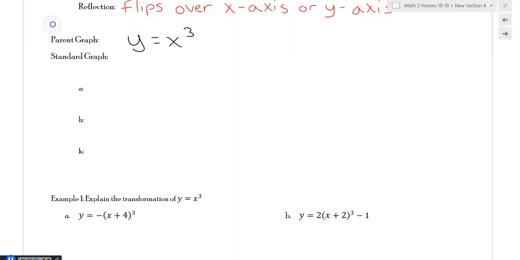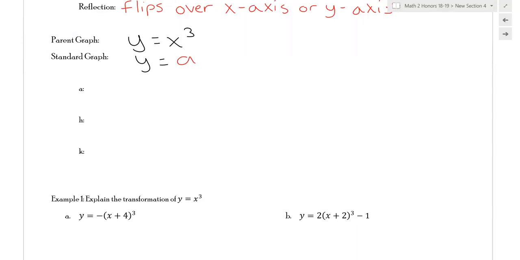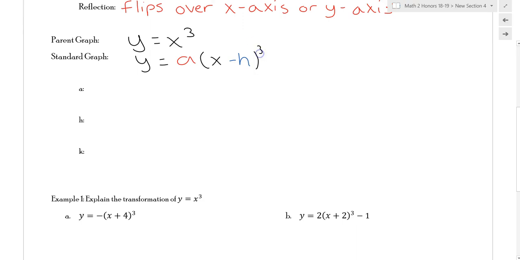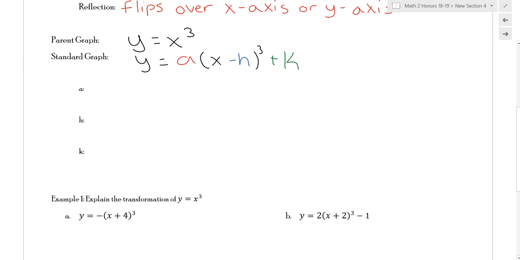Then our standard graph is y equals a, which goes out in front, times x minus h, cubed, plus k. So I can place numbers in here, and it will change the graph.